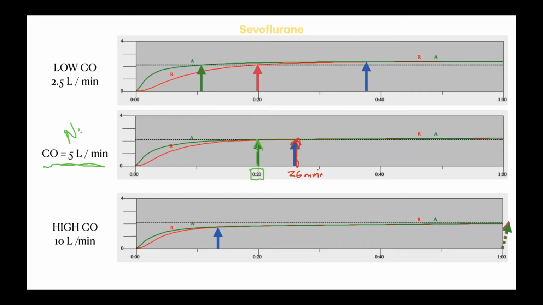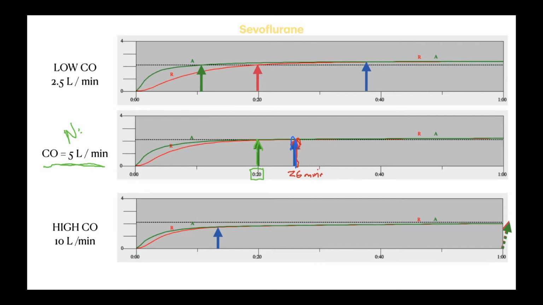That is actually one of the conditions of measuring MAC, and I'll show it to you on another slide. Now, the blue arrow is when equilibration between alveolus and vessel rich group occurs. And by understanding these 3 arrows, you can now see how they differ with cardiac output.